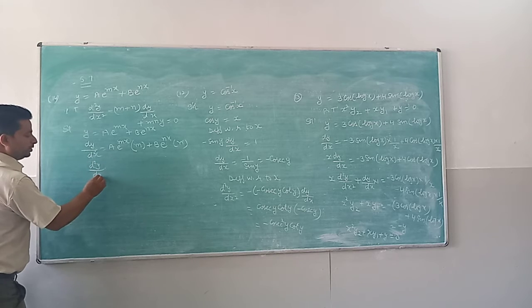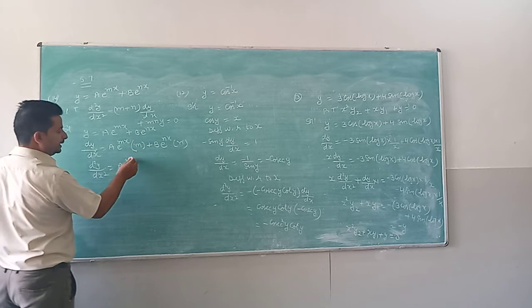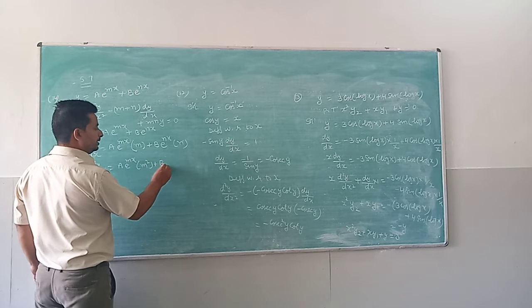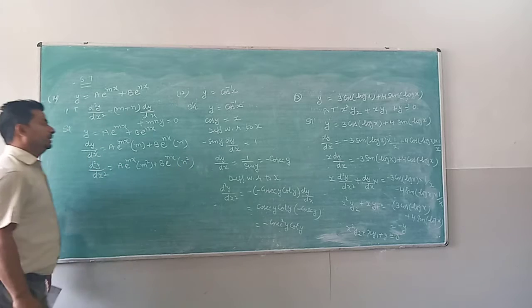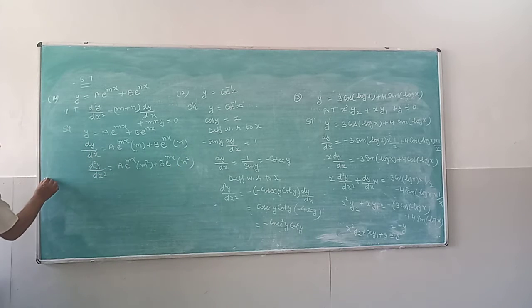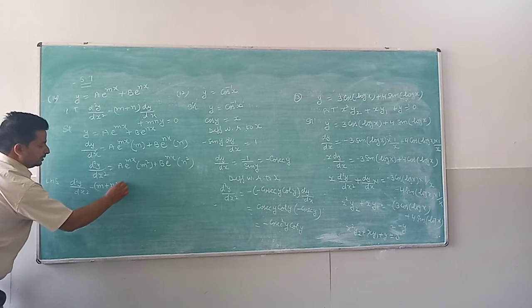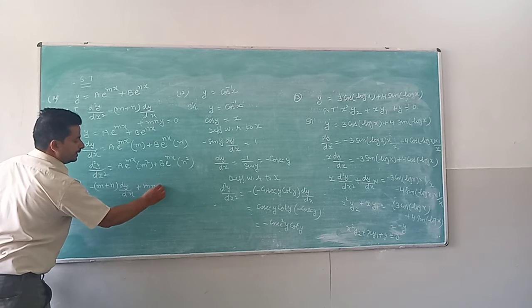And in the second order derivative, a e power mx, again its derivative is m, so it's m square, and its derivative is n, it's n square. When we put in the left hand side, that's d square y upon dx square minus (m plus n) dy upon dx plus mn y.